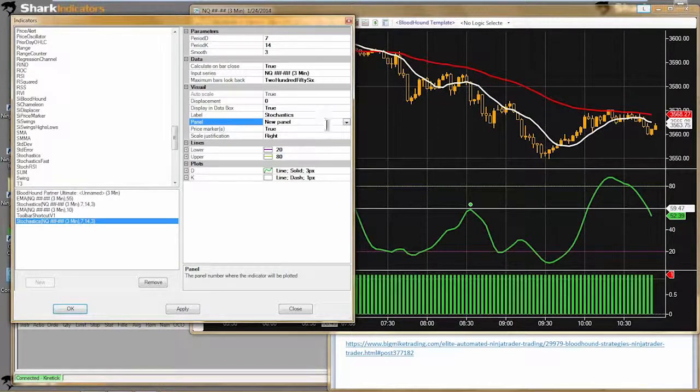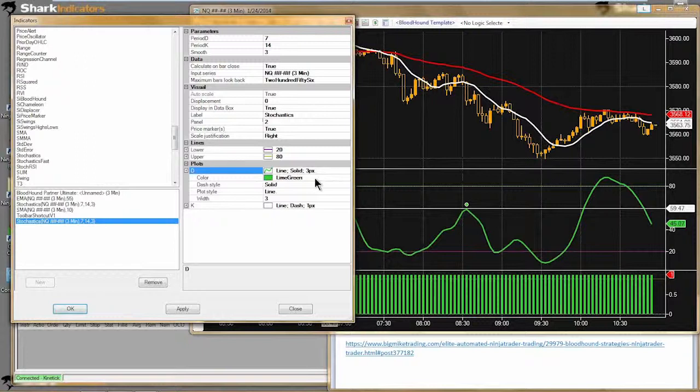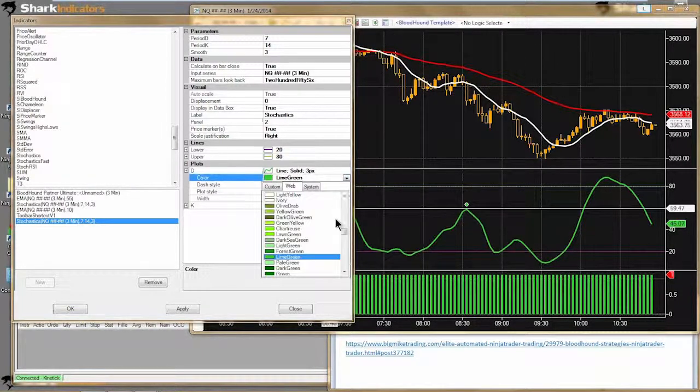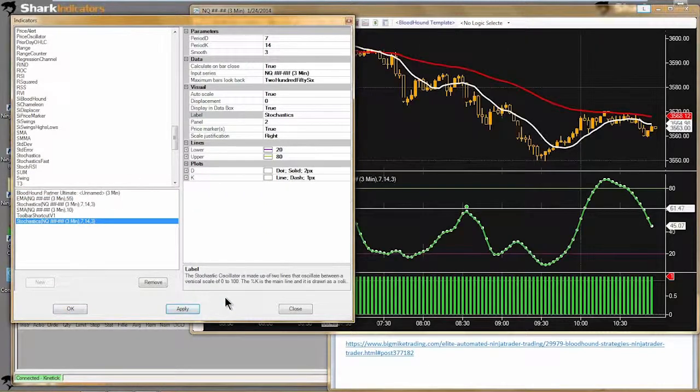The first thing you have to do is make sure that you change the panel here. So we want to put it on panel 2. Remember, the price panel is always panel 1, and then the next panel down will be panel 2. And since I'm using a black chart, I'll put a white on there, and I'm going to put dots. Let me change this to dots. And 2, I think 2 will work good. Let's try this out. Yeah, 2 works.